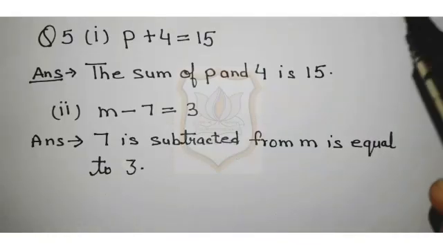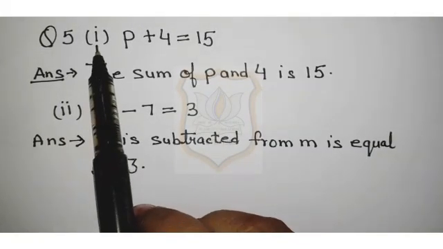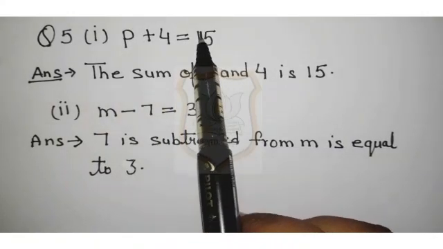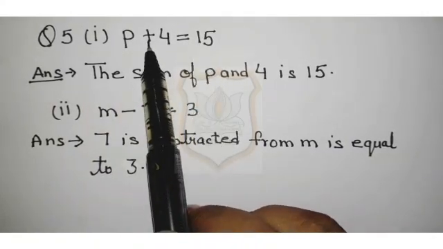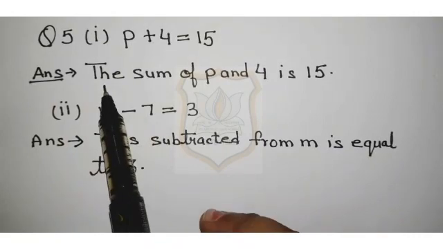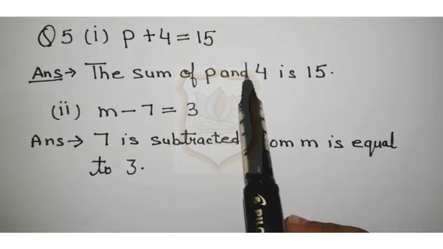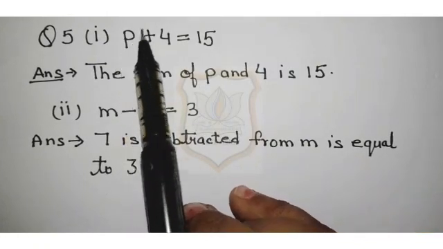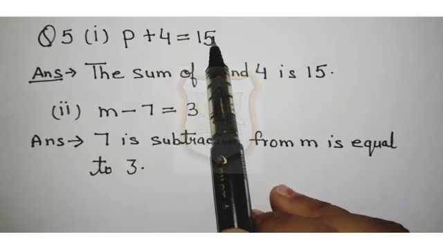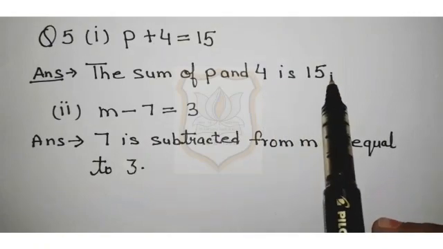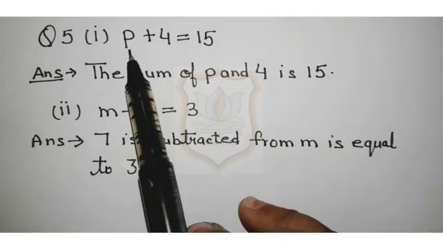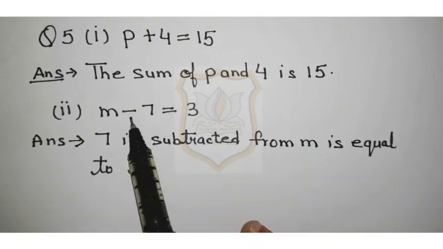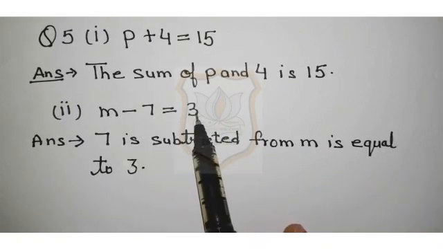Students, let's solve question number 5, first part, p plus 4 is equal to 15. As I told you earlier, plus means sum. So the sum of p and 4 is 15. In this way you have to write the statement of the equation. Now the second equation is m minus 7 is equal to 3.